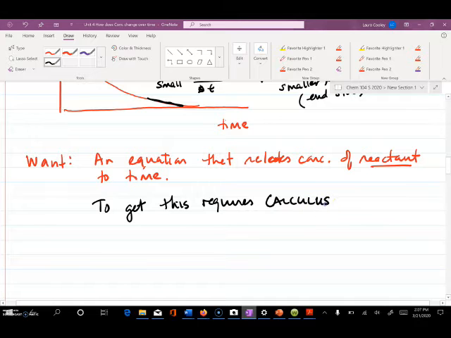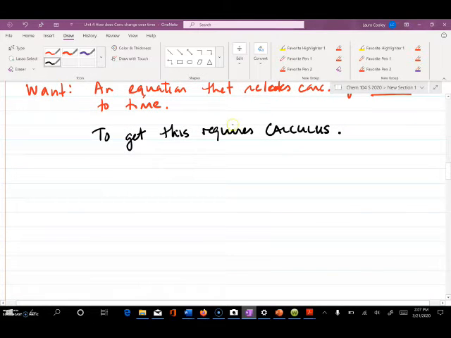I know that some of you have had calculus or maybe are taking calculus now, but I want to tell you what calculus was invented for.